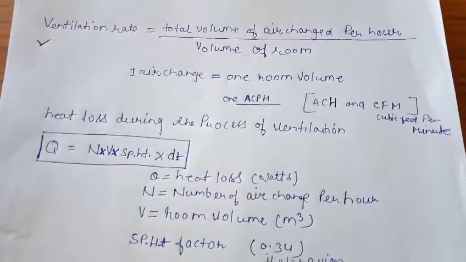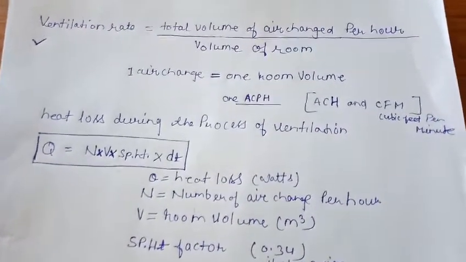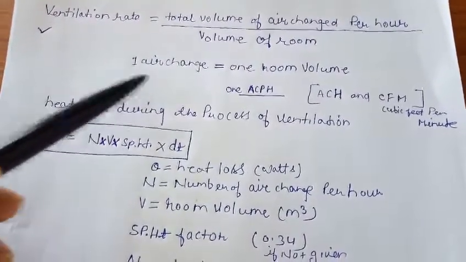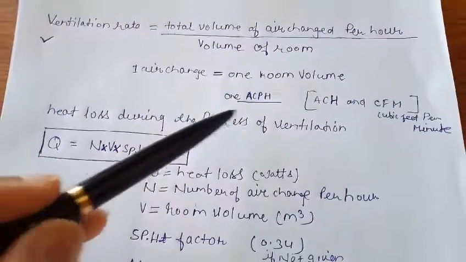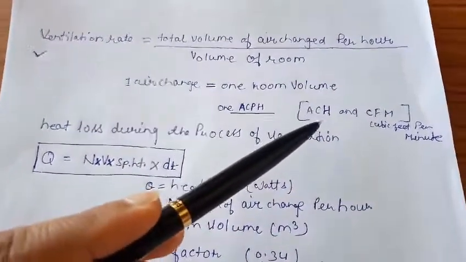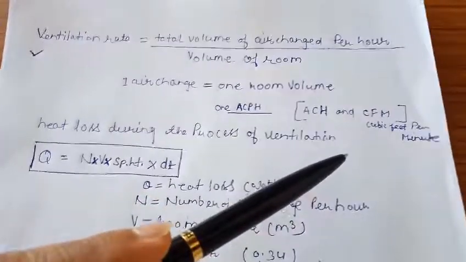If any room has a certain volume, that denotes an air change. So this is also air changes per hour, or cubic feet per minute.